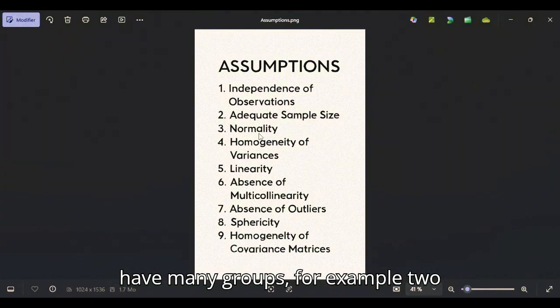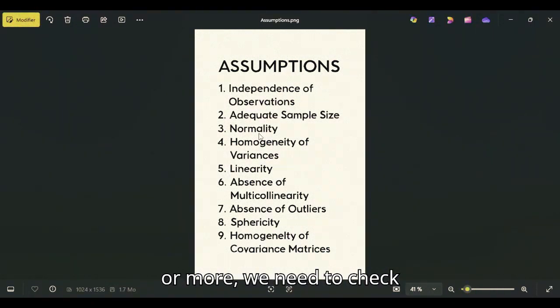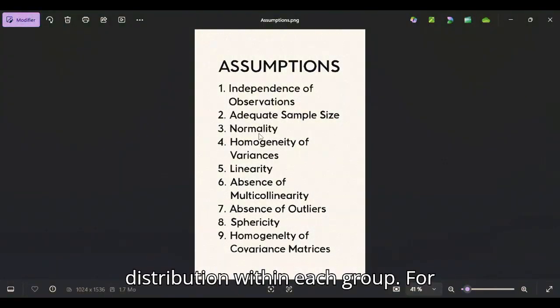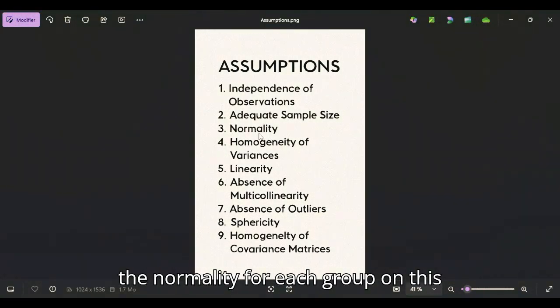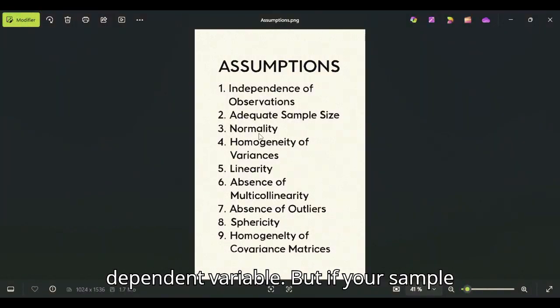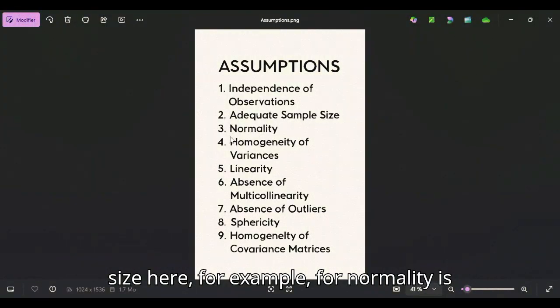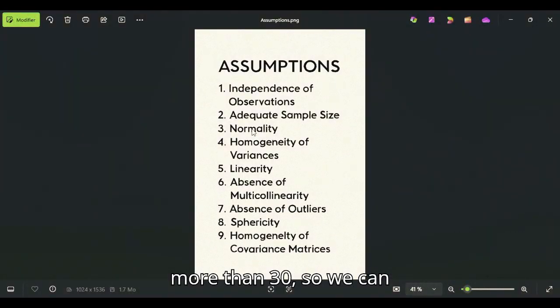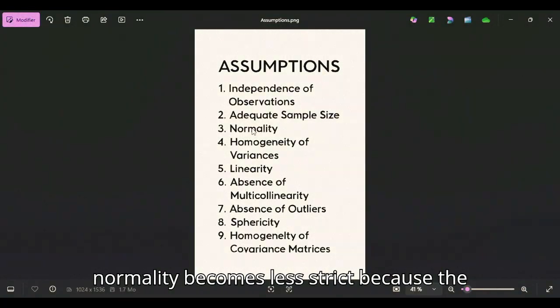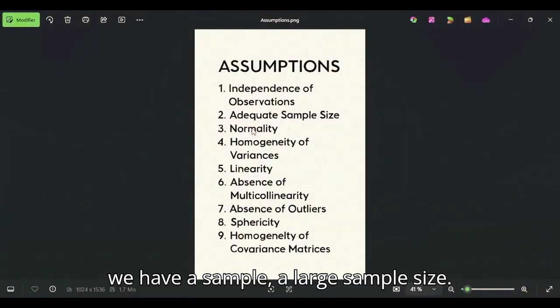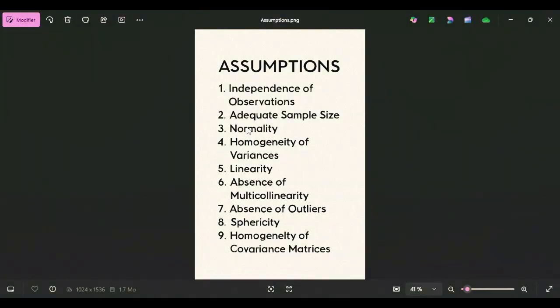When we have two or more groups, we need to check whether the variable follows a normal distribution within each group. But if your sample size is more than 30, we can consider it a large sample, and the normality assumption becomes less strict.